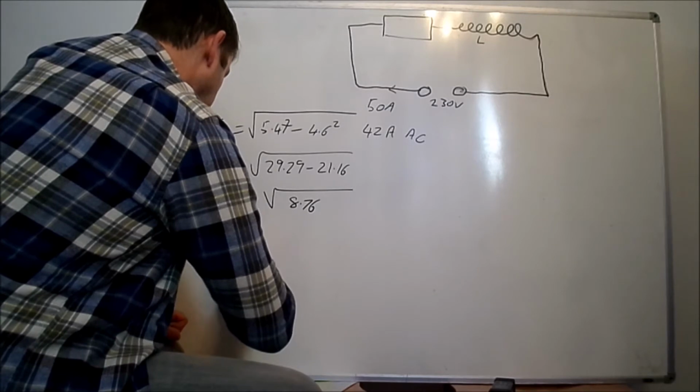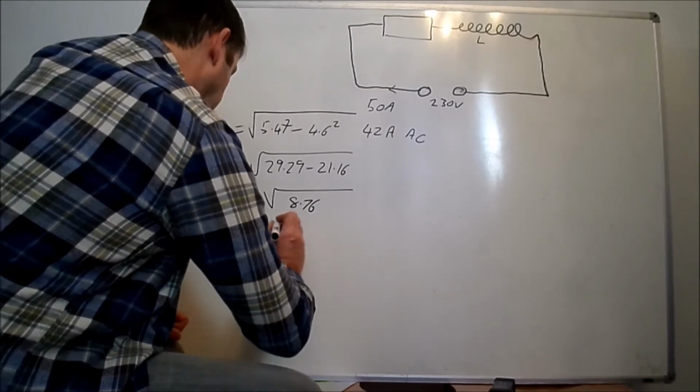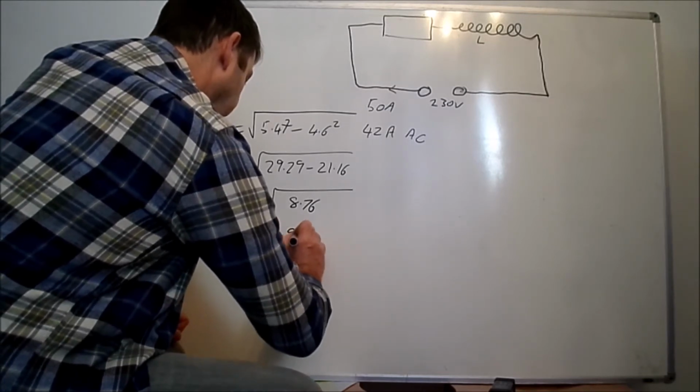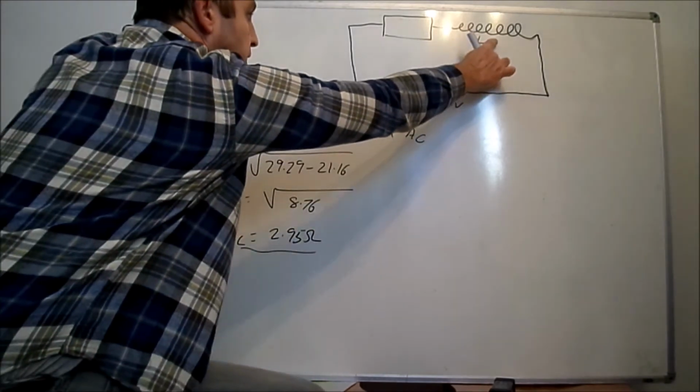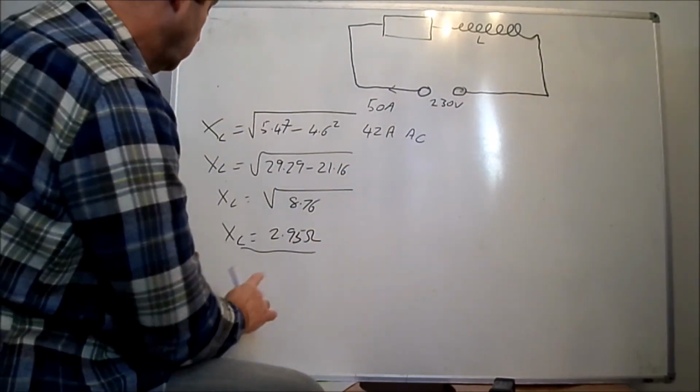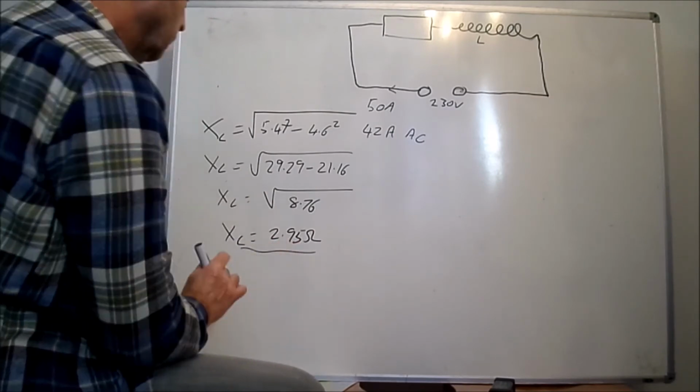So that'll give me an XL, or inductive reactance, of 2.95 ohms. So what does that mean? That means that under AC conditions it's behaving like a resistor of 2.95 ohms.